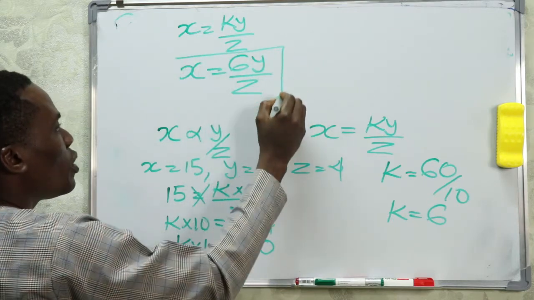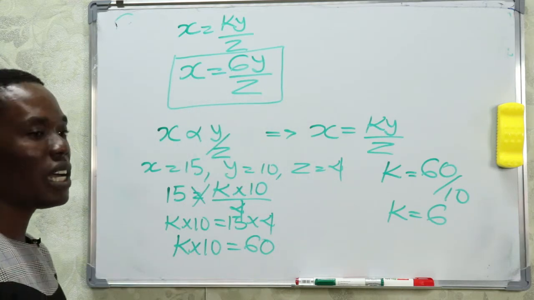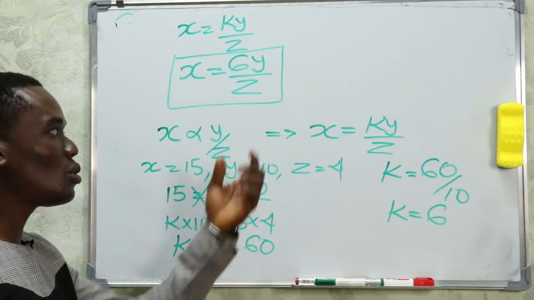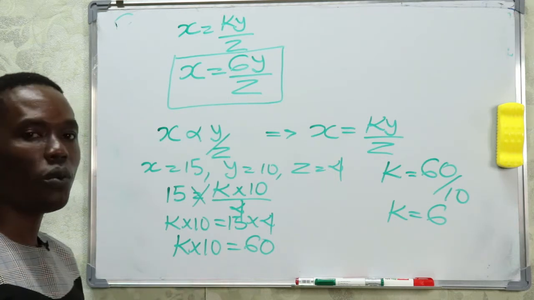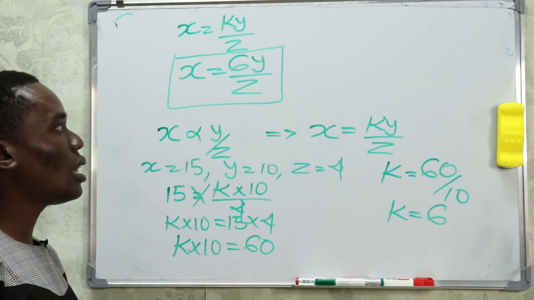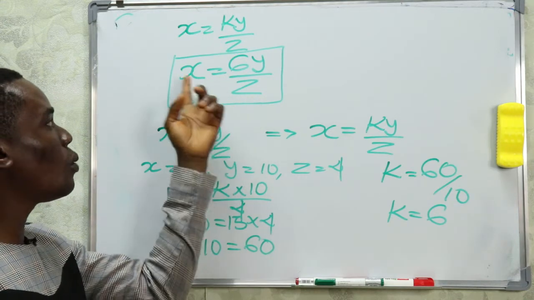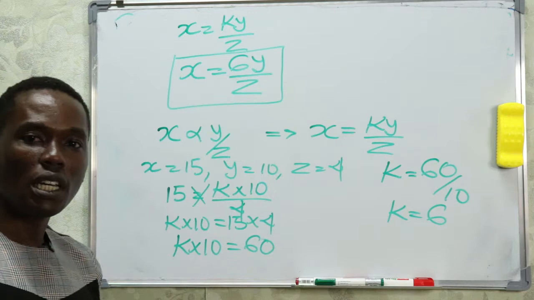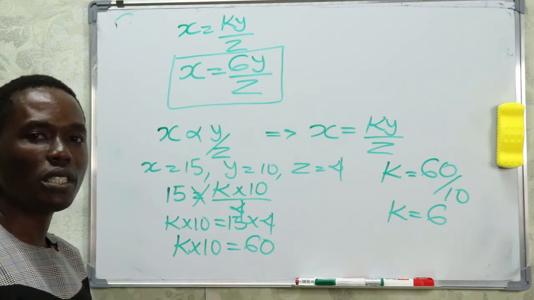This is the equation connecting x, y and z. You see how easy it is to get it. So when solving questions of variation, this is exactly what you are required to do. From this, we can find the value of z when x and y are given. So let's look at the next question without wasting much time.